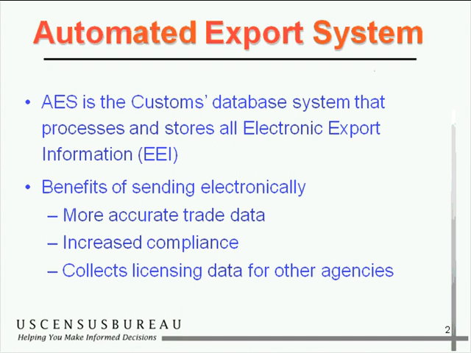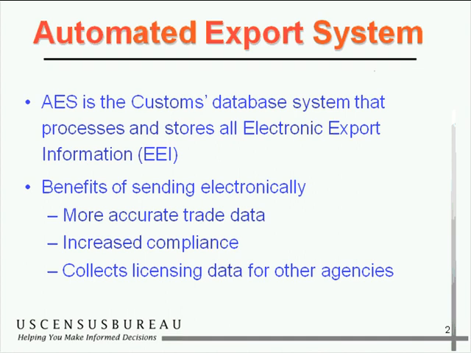Once submitted, the data will be processed and AES will respond with either the internal transaction number, or the ITN, which is the proof of filing citation, or any rejection statements or error messages if the shipment was denied. AES is important because it is the center of your export transactions. Without it, the internal transaction numbers could not be issued and export data will not be collected.